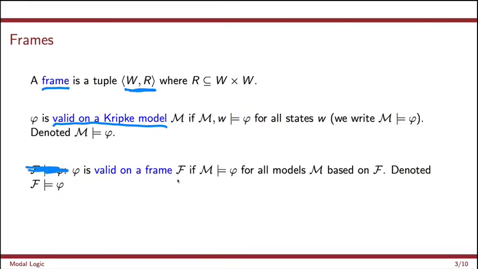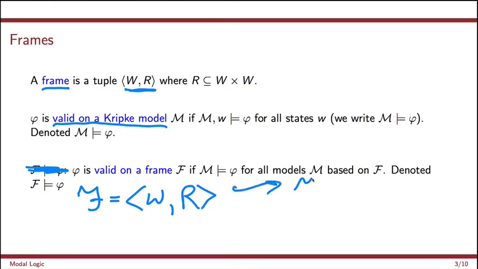Phi is valid on a frame if phi is valid on all models based on that frame. So the idea is that you fix a frame F, so that's just a pair W and R, and I can look at all models based on that frame. So you might write it M sub F, which would consist of the same set of states, the same relation, but then some valuation function.